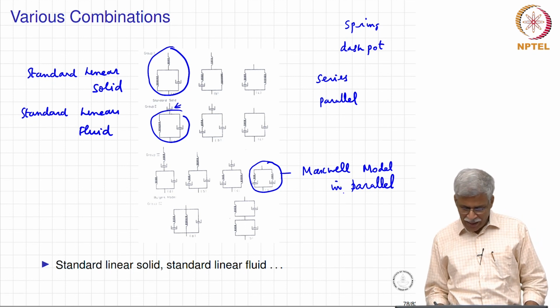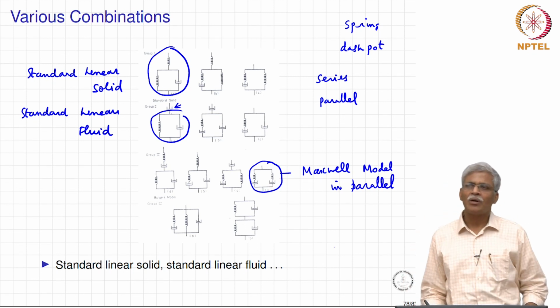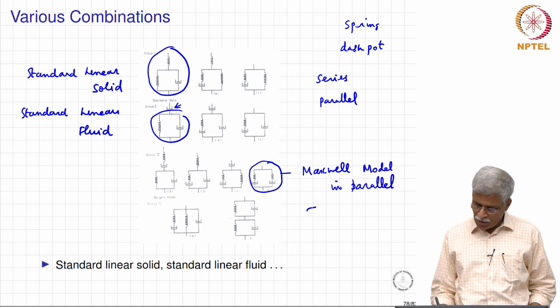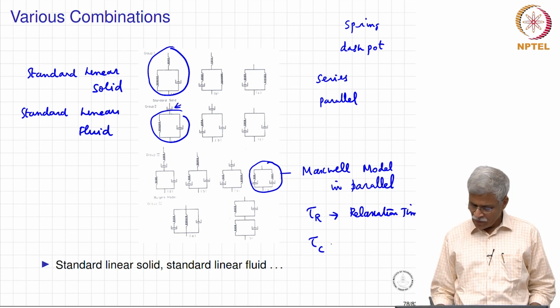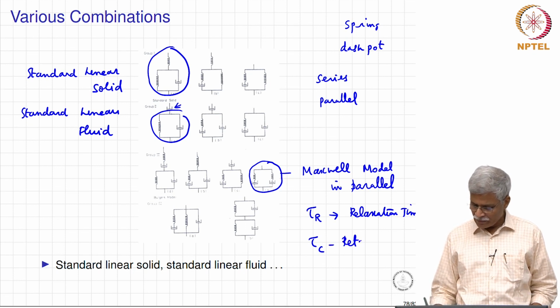Now, it is also time for us to take stock of the situation, because we introduced two types of time. One is a relaxation time and another is a retardation time.